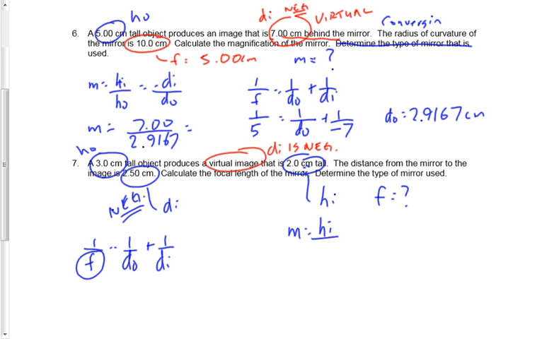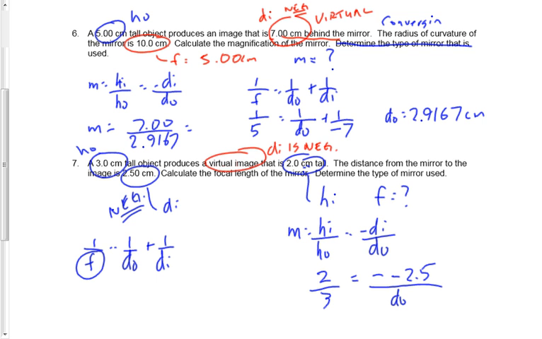HI over HO equals negative DI over DO. I don't know what M is, but I know what HI is, and I know what HO is. It's going to be 2 over 3 equals negative 2.5. See that, guys? Negative. DI is a negative value because it's a virtual image. DO is what we're looking for.